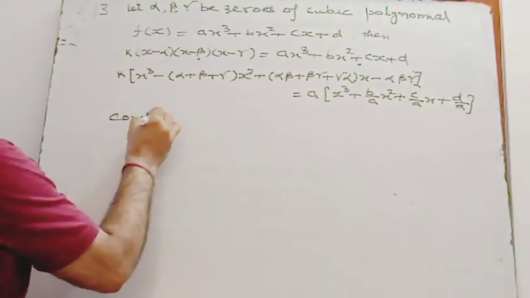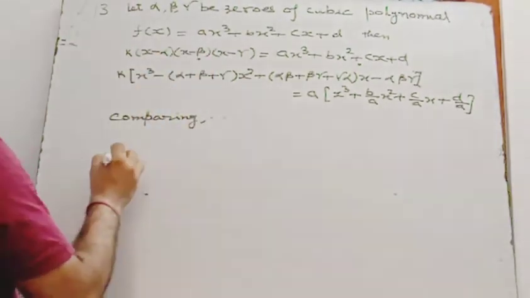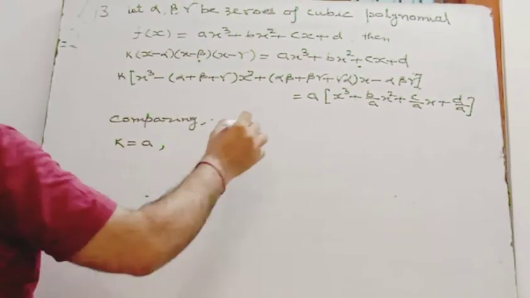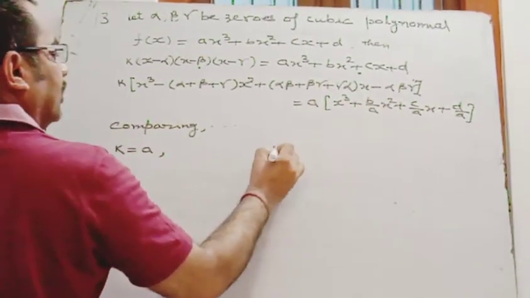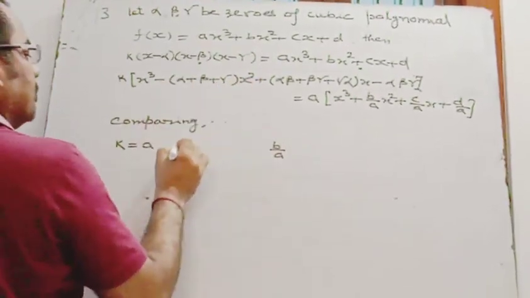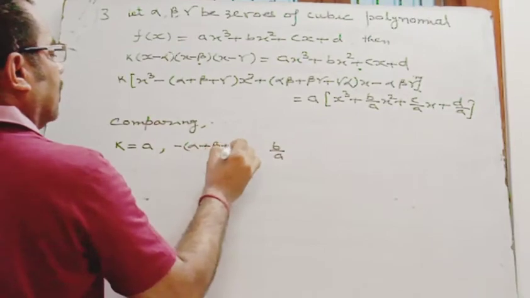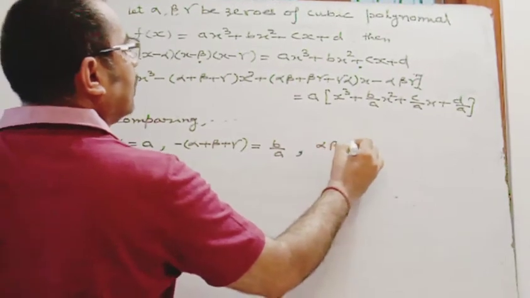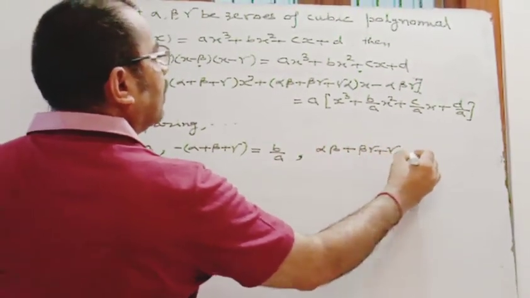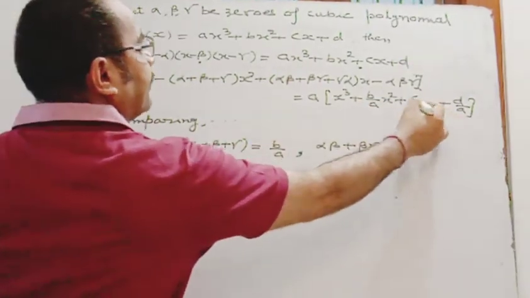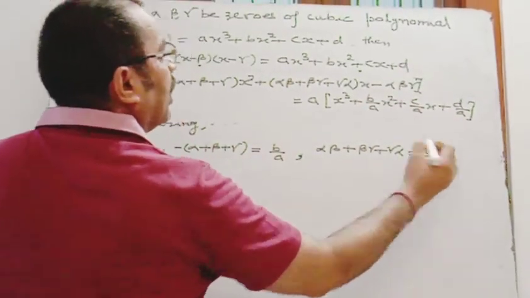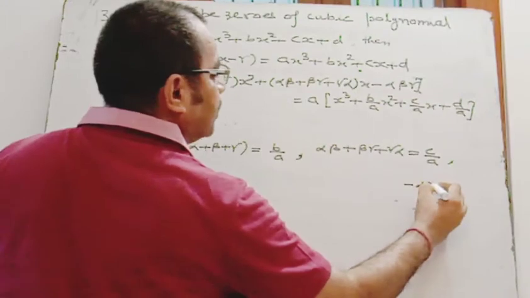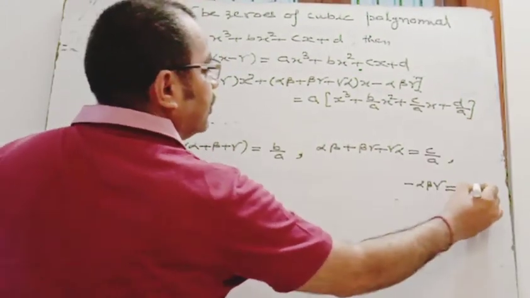Comparing on both sides, we get k = a. The coefficient of x² is b/a on one side and minus (alpha + beta + gamma) on the other. The coefficient of x on the left hand side is alpha beta + beta gamma + gamma alpha, and on the right hand side it is c/a. Also the constant term on the left hand side is -alpha beta gamma, and on the right hand side d/a.